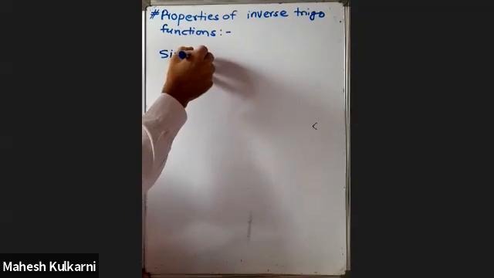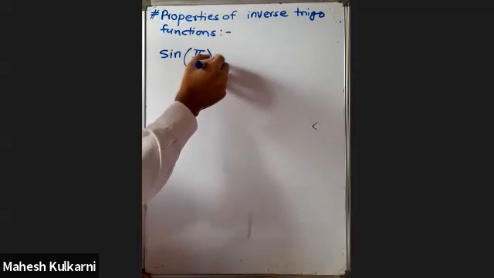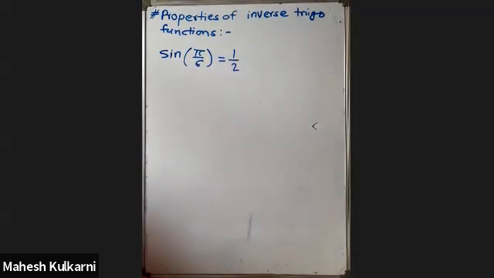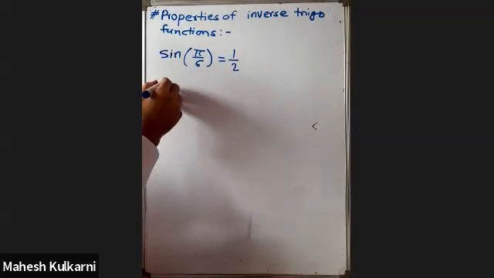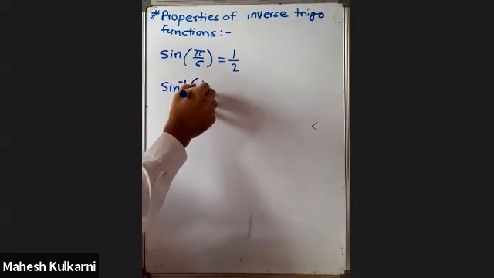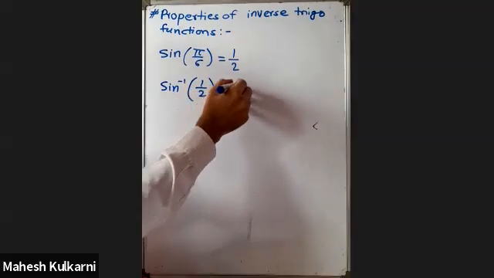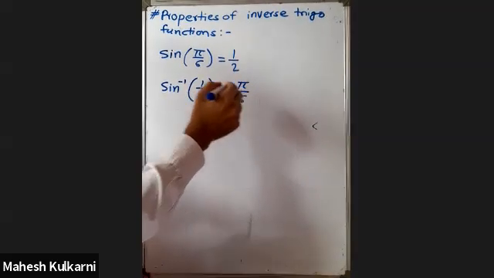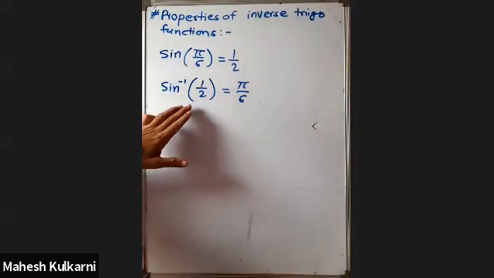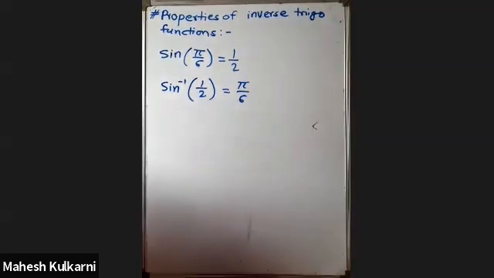You know that sine pi by 6 is half. And also, we have discussed that sine inverse of half is pi by 6. So this is sine function and its inverse function. Since sine pi by 6 is half, we can say that sine inverse of half is pi by 6.